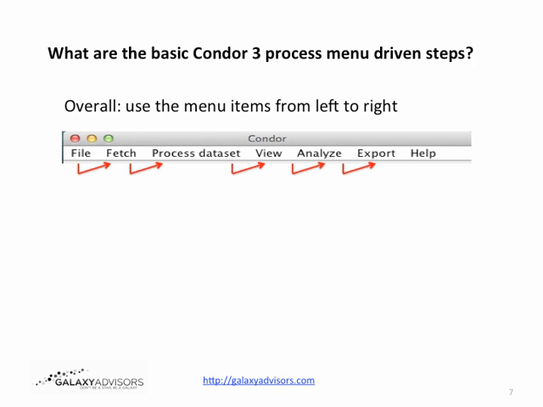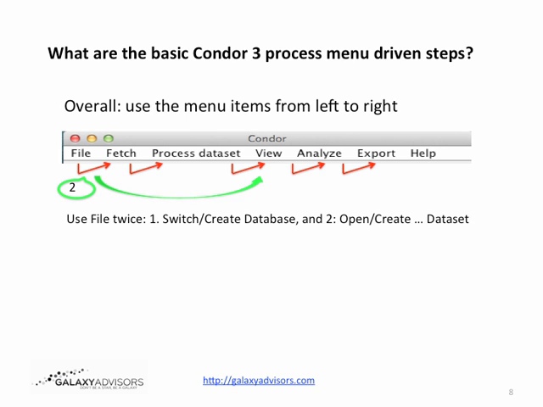And then finally, the 7th menu item, help, is merely to indicate what version or build number the Condor is. So the overall steps are basically logically from left to right, although you don't have to use them all in that exact order each time.